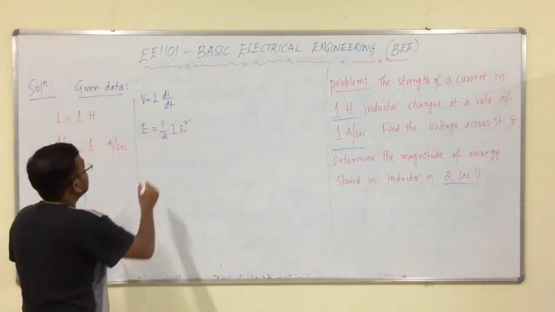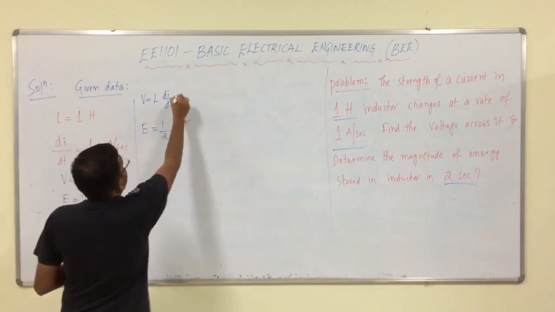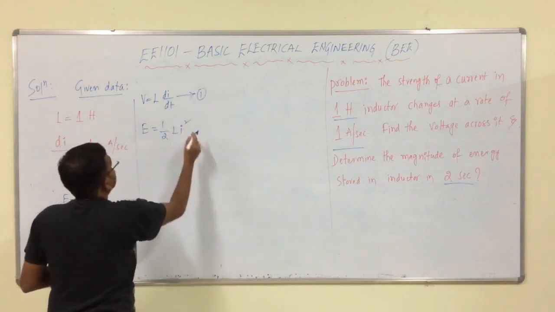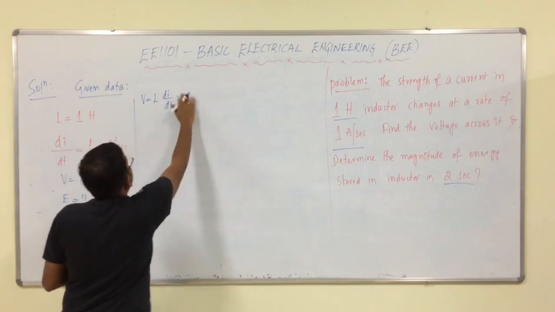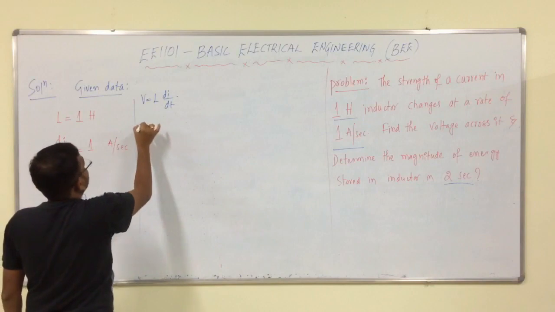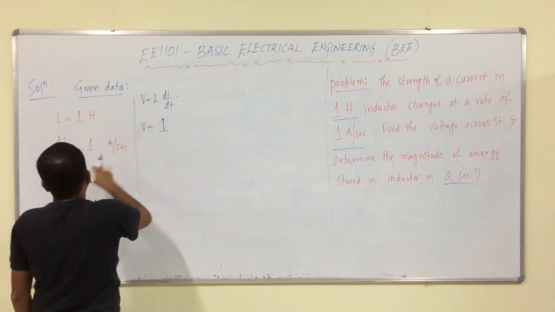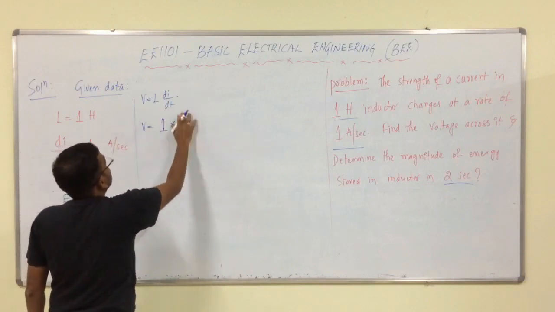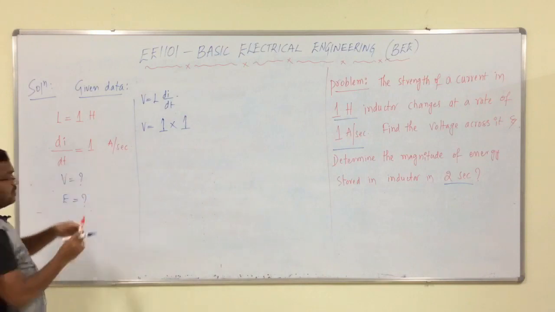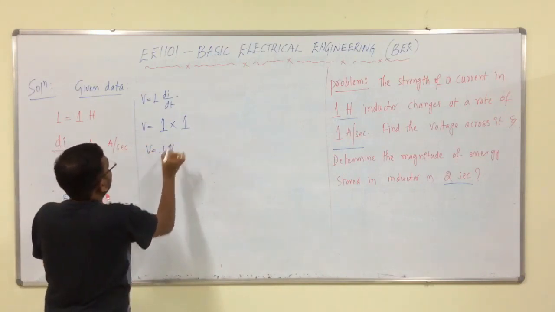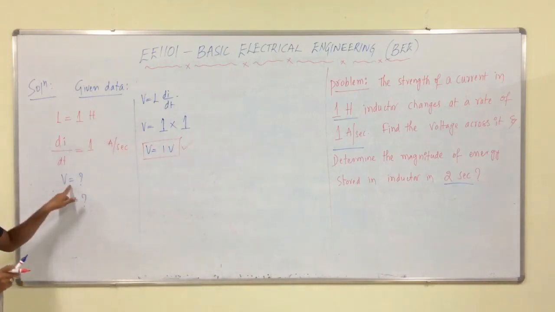That is equation 1. V is equal to, we know the value of inductance 1, that into rate of change of current, 1 ampere given. Simply this is equal to 1 volt. So V is 1 volt, clear?